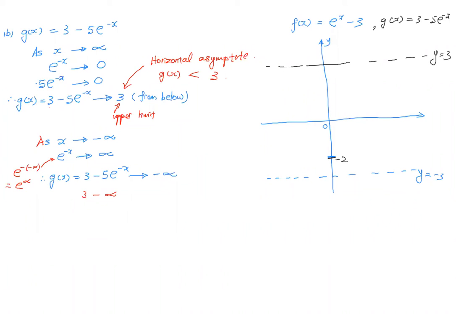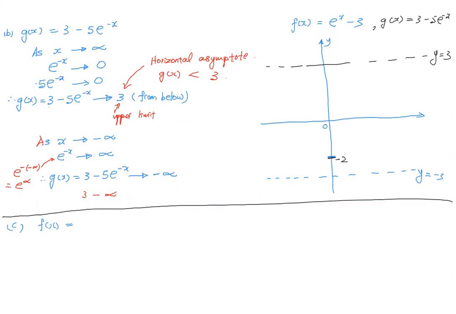So now, how can part C help us to know how the graph goes? Okay, let's continue with part C. So when you look at part C, for f(x), you want to do f prime x and f double prime x, correct?